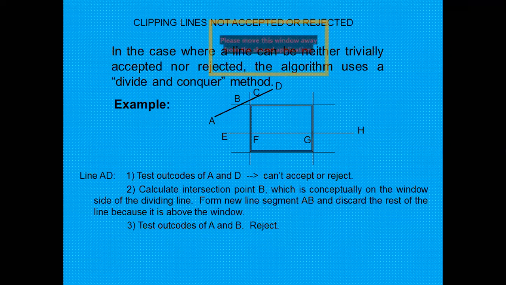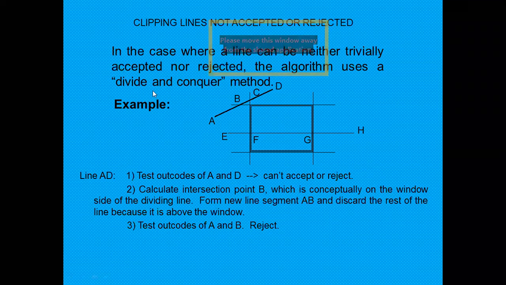Now, clipping lines that are neither accepted nor rejected. After calculating bit 1, bit 2, bit 3, and so on, such a condition may occur.